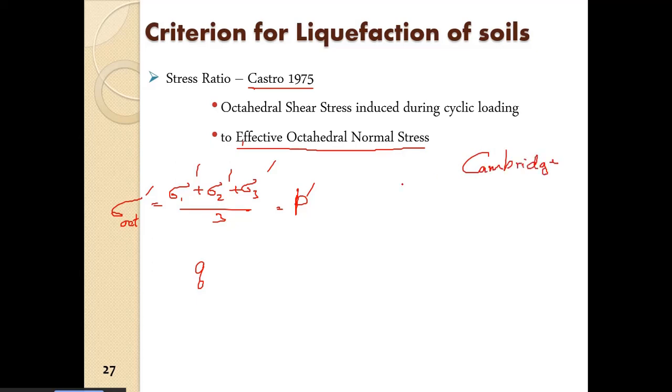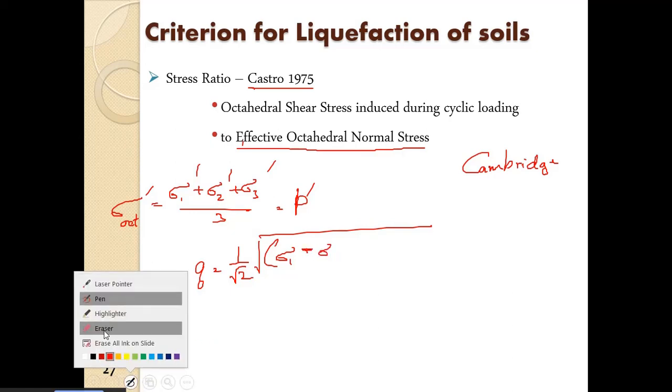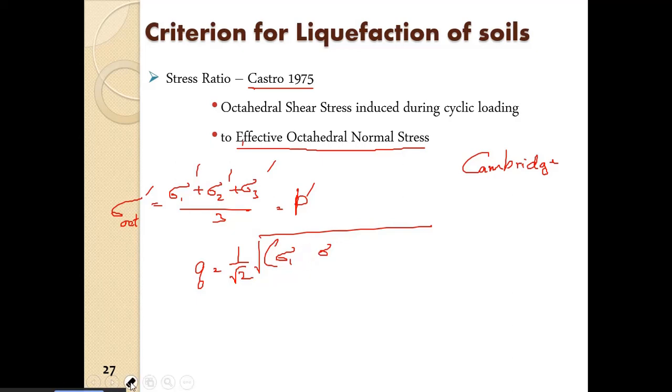In the Cambridge notation that we have studied in our previous classes, we define it as Q. So Q is equal to 1 by root 2 times the square root of sigma 1 minus sigma 2 whole square plus sigma 2 minus sigma 3 whole square plus sigma 3 minus sigma 1 whole square.